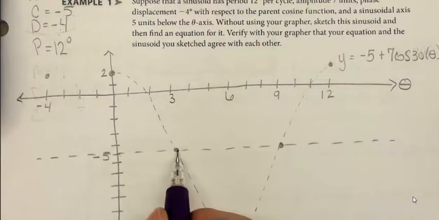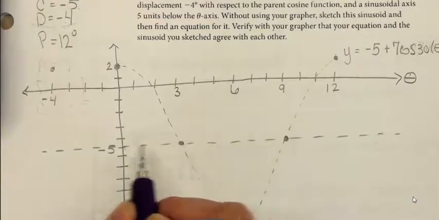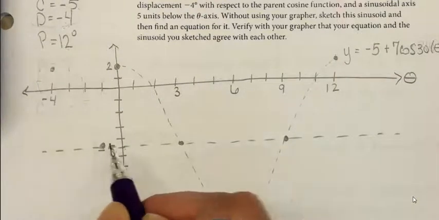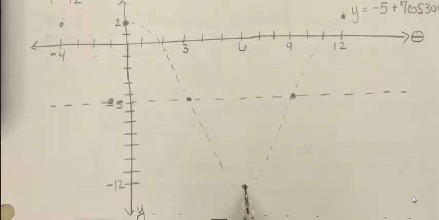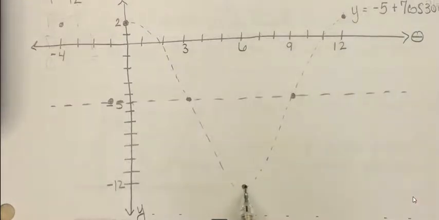This point on my midline at (3, -5) needs to shift back 4, so I'm going to be at (-1, -5). My lowest point, where theta was equal to 6 degrees, needs to be shifted back 4, so that's going to be 2. So (2, -12) will be a point on this graph.